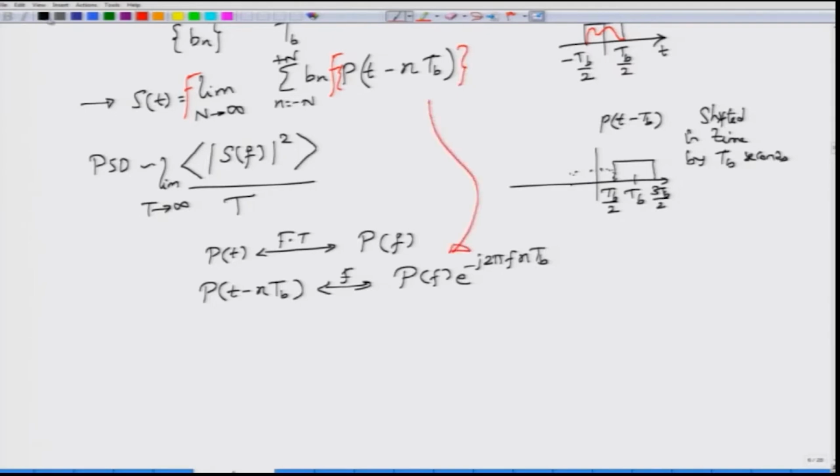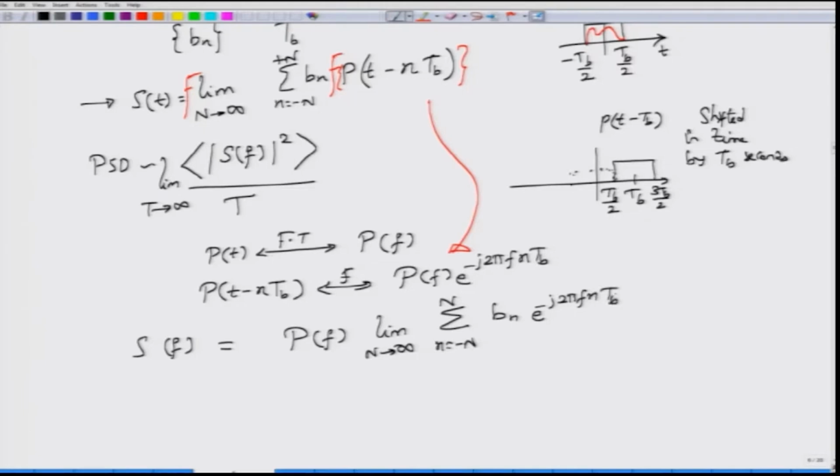So, if I take the Fourier transform, what I get is S of f equal to P of f, which does not depend on the time slot, so I can just pull it out. You have the limit N going to infinity, the summation with n going from minus N to plus N of B n, and then e to the power minus j 2 pi f n TB.